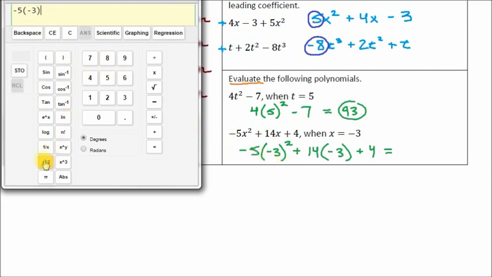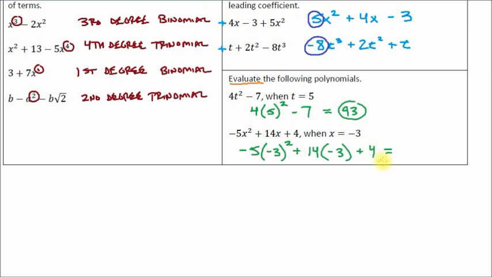Close parenthesis, raise that to the second power, plus 14, parenthesis, negative 3. Again, it's not minus 3, it's the plus or minus sign. So we tell it it's a negative 3. And then you just add 4. So take a look at that. We've just put the whole expression in our calculator, press the equal sign, and you get negative 83. All the work was done by the calculator.